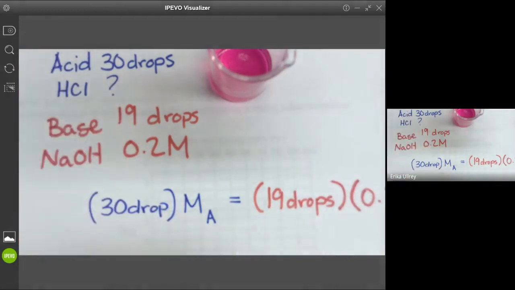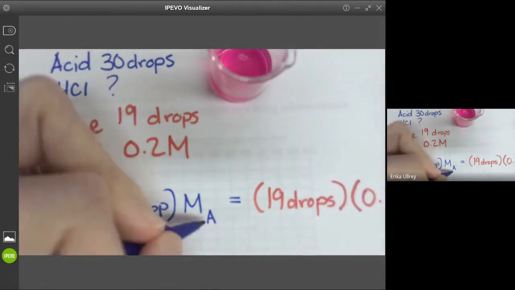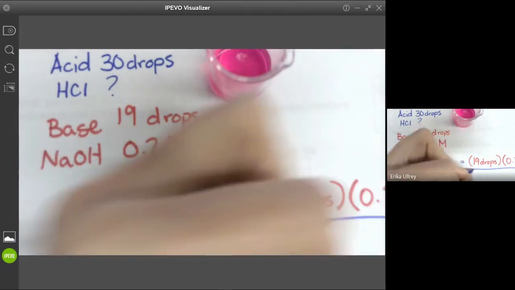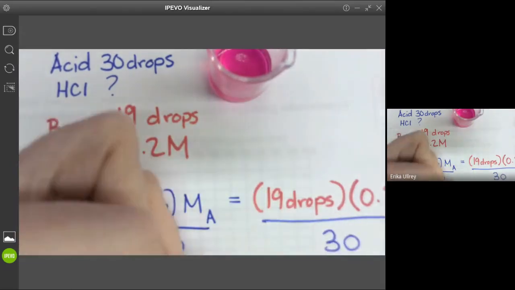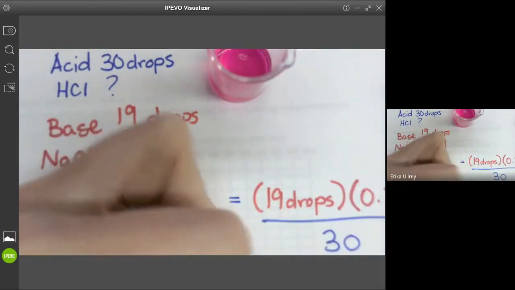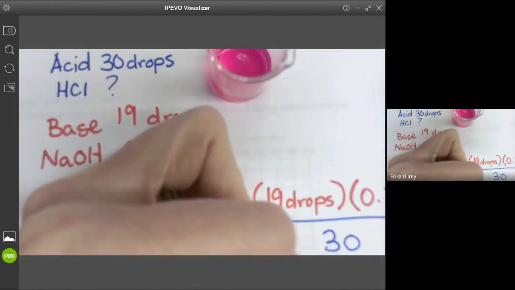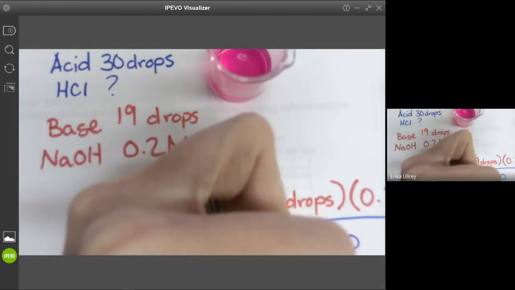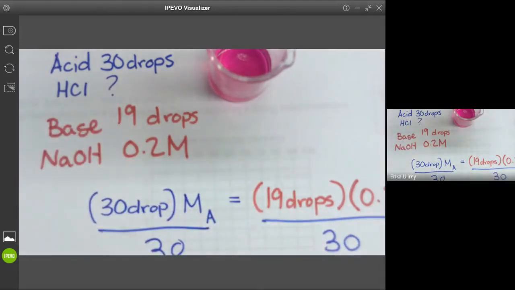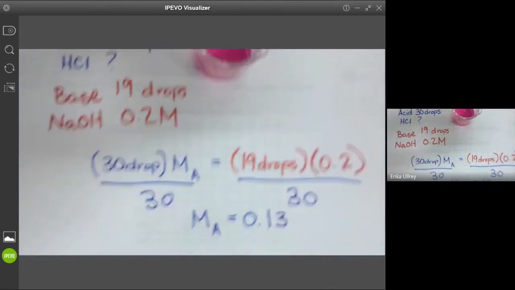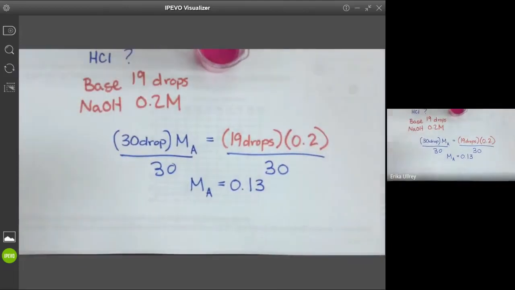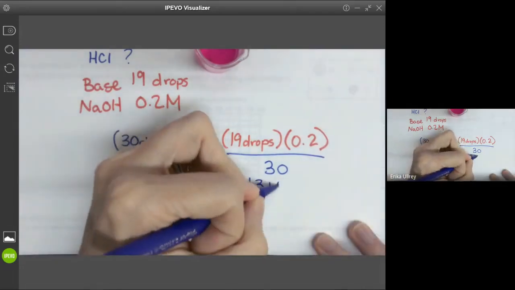So if I do a little bit of algebra, right, divide by 30, by 30, and so the molarity of my acid is roughly 0.13 molar. And if I look, oh man, I'm off the thing because this is down so far. Here we go. So that means that the molarity is going to be 0.13 molar for my acid.